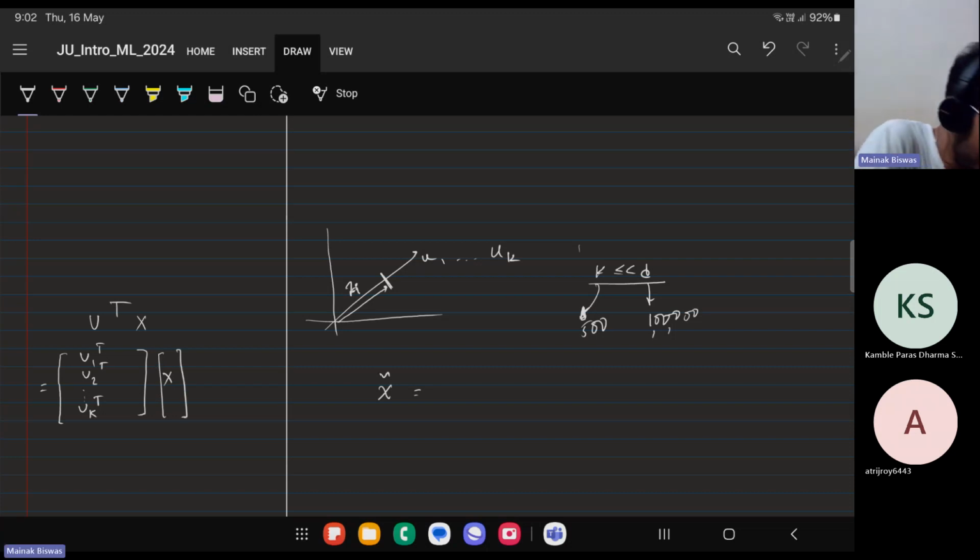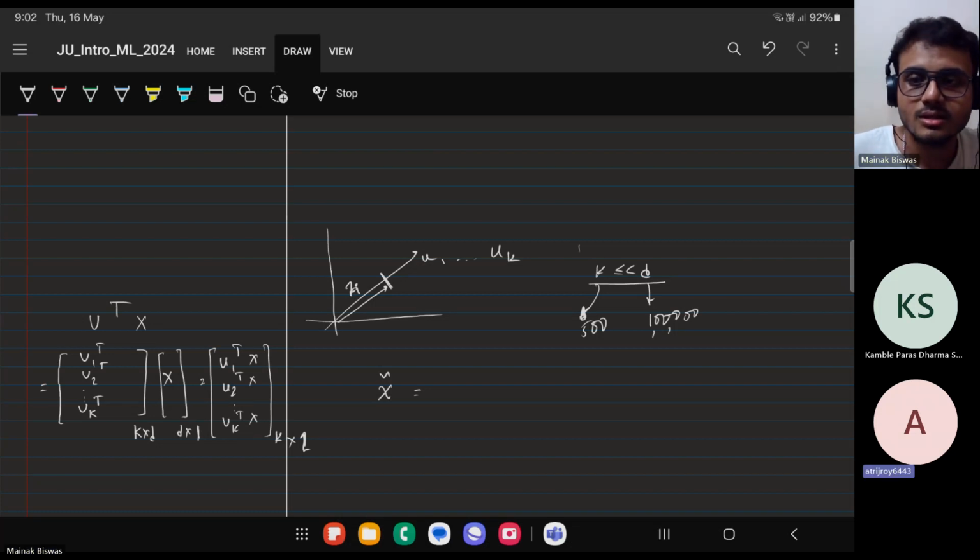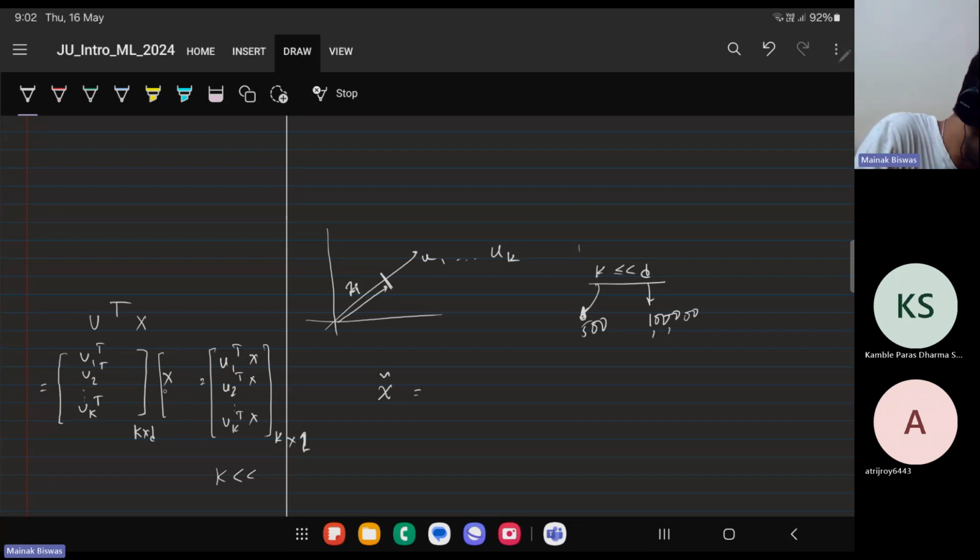So I will get U1 transpose X, U2 transpose X, dot dot dot, UK transpose X. So I'll get a K cross 1 matrix. This is K cross D, this is D cross 1, and I'll get K cross 1. I have reduced the dimension, yes or no? From D dimensional to K dimensional. Let me write the D much bigger so that you understand.